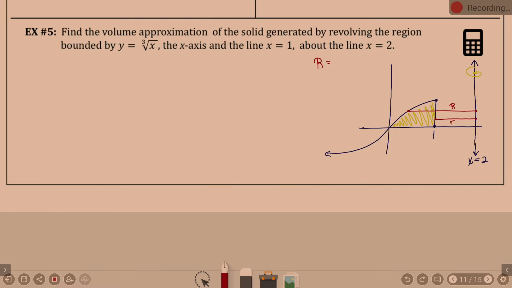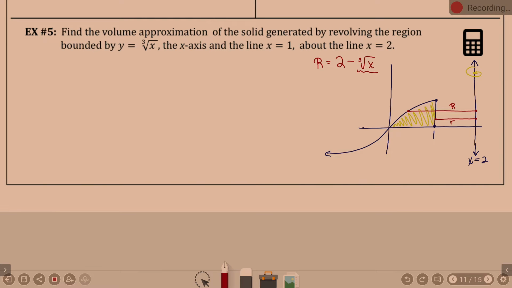Yes and no. He says 2 minus the cube root of x. I have an issue with that. In terms of y. Because we're rotating around a vertical axis, we need it in terms of y. Now, setup, is he correct in a way? It's going to be 2 minus the function, yes?